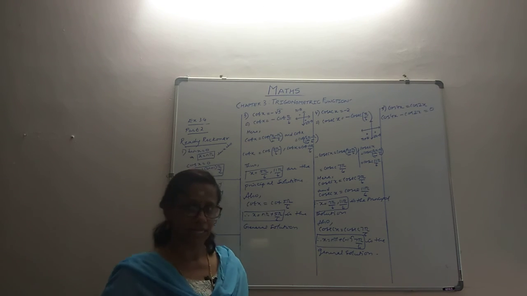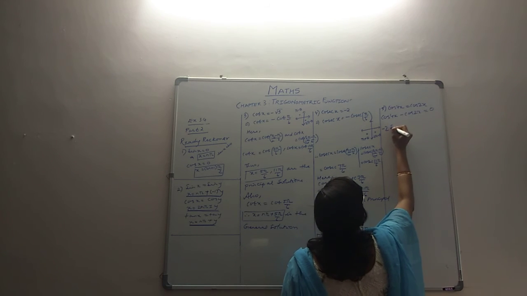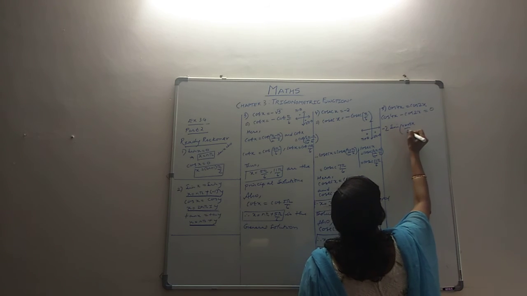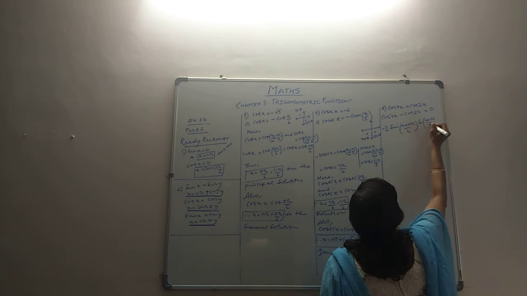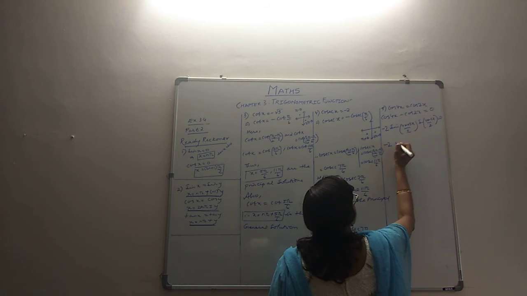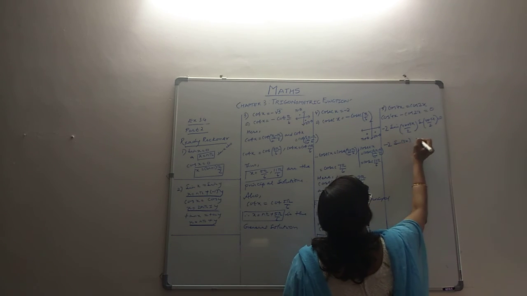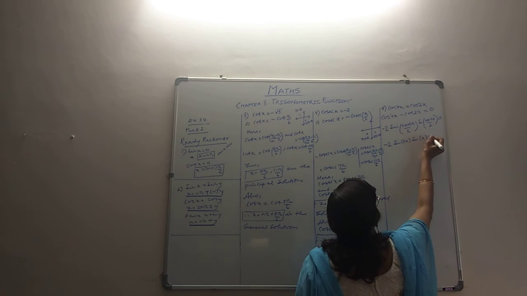According to the formula, this is minus 2 times sin of (4x plus 2x) by 2 times sin of (4x minus 2x) by 2 equal to 0. When we work it out, it comes to minus 2 sin 3x sin x equal to 0.